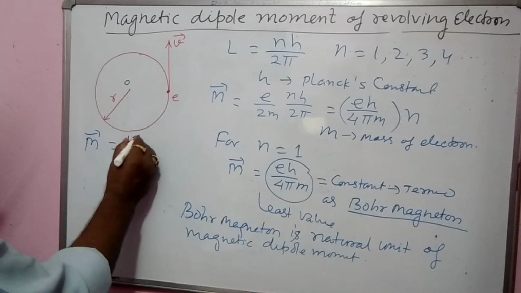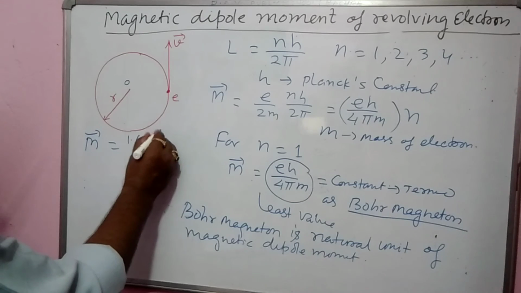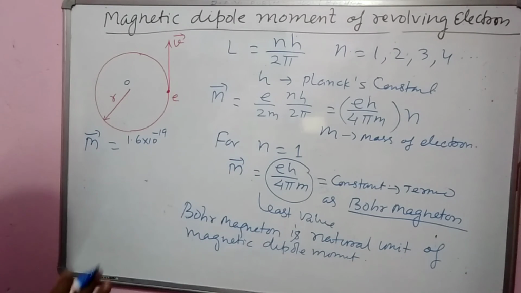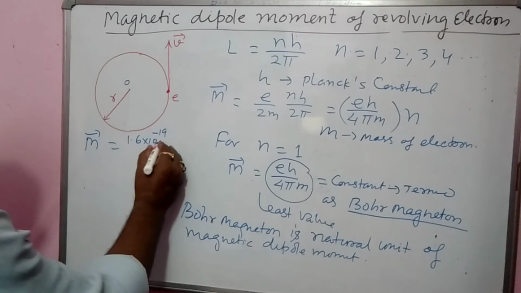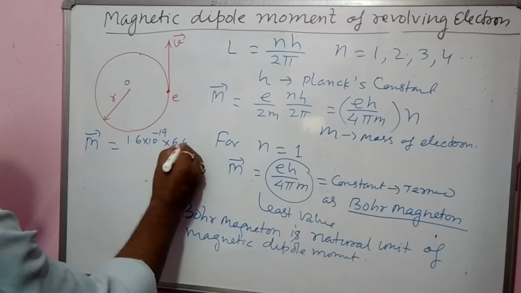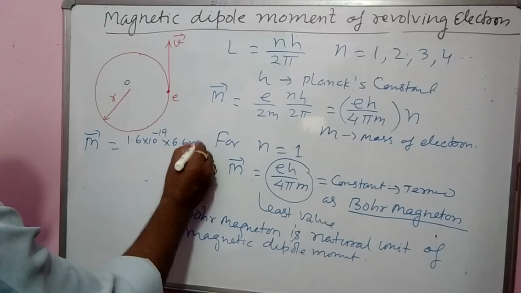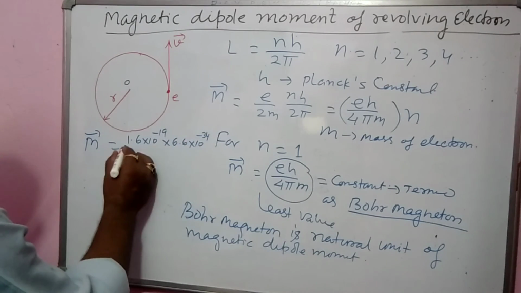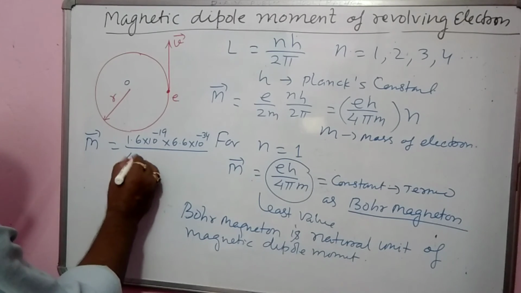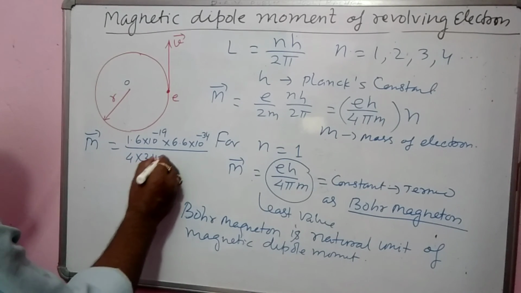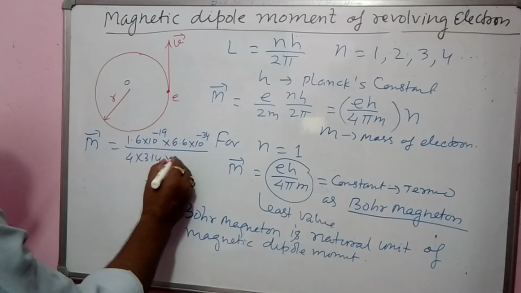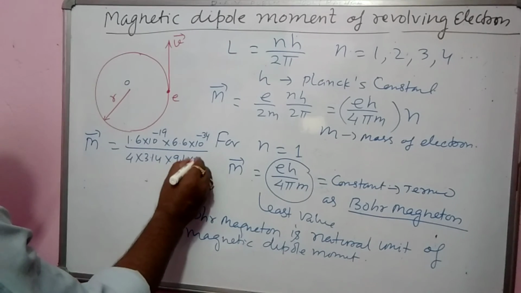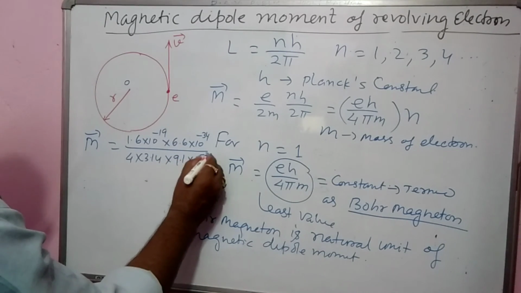e is 1.6 into 10 power minus 19 coulomb, the charge on the electron, and Planck's constant is 6.625 into 10 power minus 34 SI unit, divided by 4 into 3.14 into mass of electron 9.1 into 10 power minus 31.